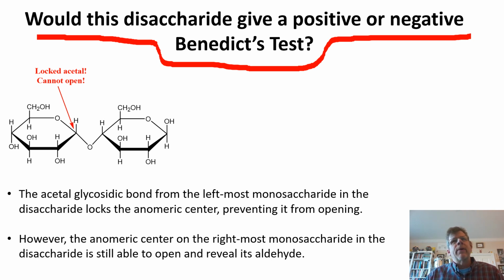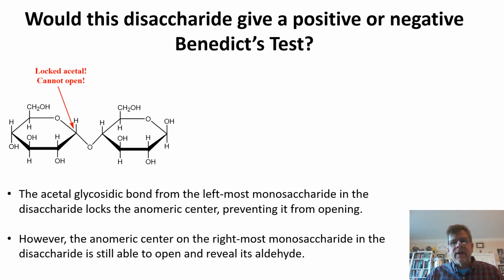If we'll remember, if a molecule has an aldehyde functional group on it, it tests positive in a Benedict's test. If it does not have an aldehyde, it tests negative. Now, looking at this molecule right now, we see that there are no aldehydes on it.